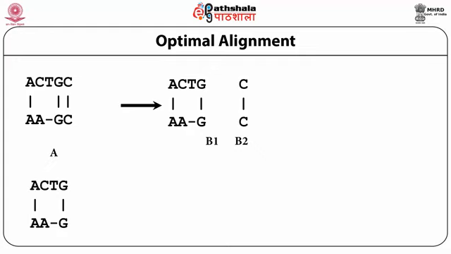If we assume that the 5 base alignment in A is optimal, we must conclude that the 4 base alignment shown in B1 is also an optimal alignment.